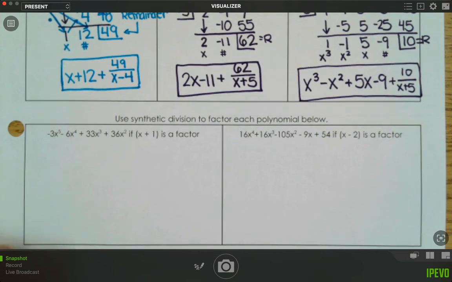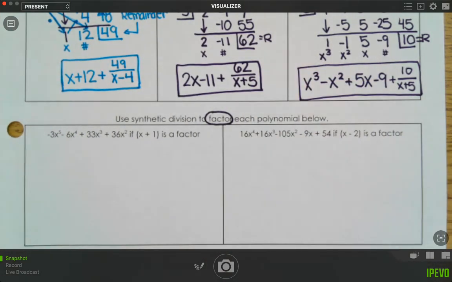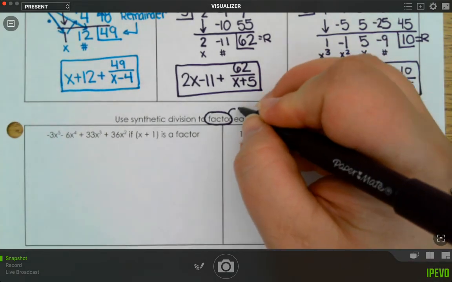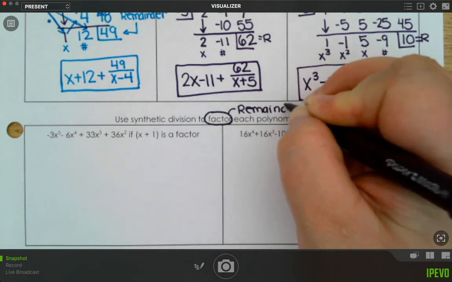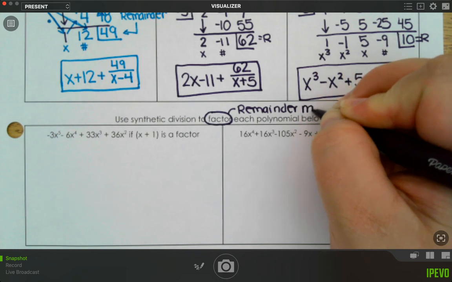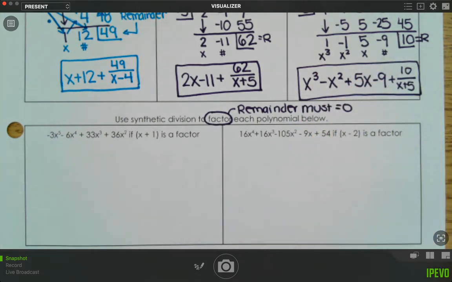Okay, let's talk about factoring. So we did this in the last assignment too. If your remainder is 0, so your remainder must equal 0, okay?